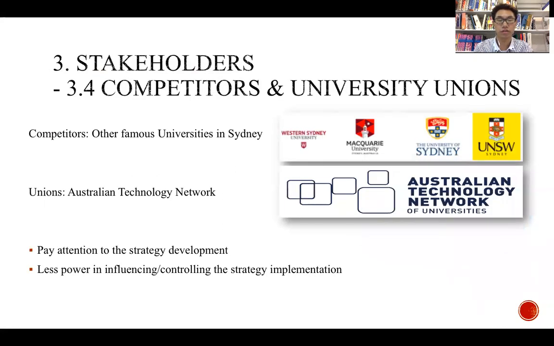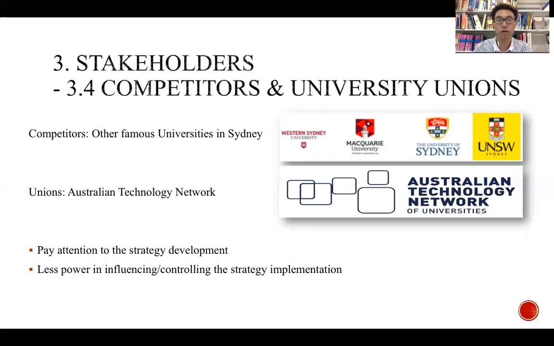Competitors and university unions. Competitors of UTS could be other famous universities in Sydney. In terms of university unions, UTS is involved in the Australian Technology Network. They may pay attention to the development of the strategy of UTS, but have less power to influence or control the strategy implementation.